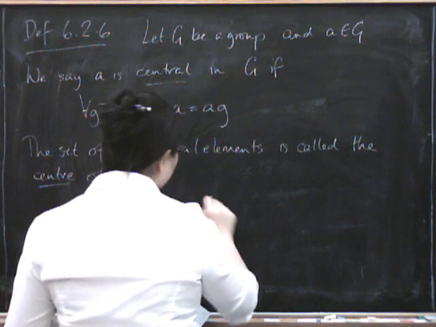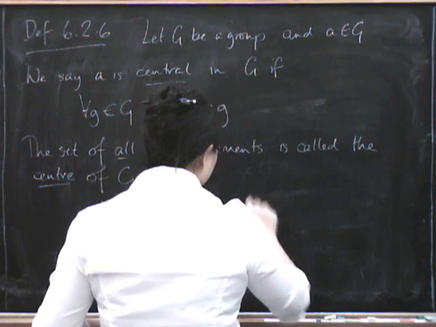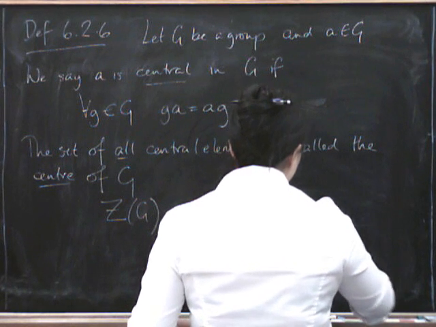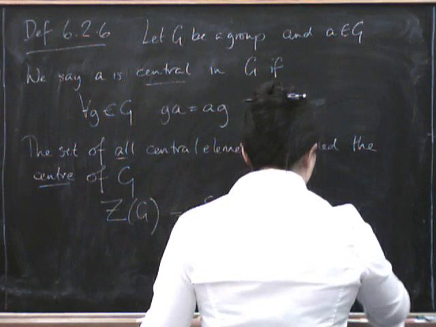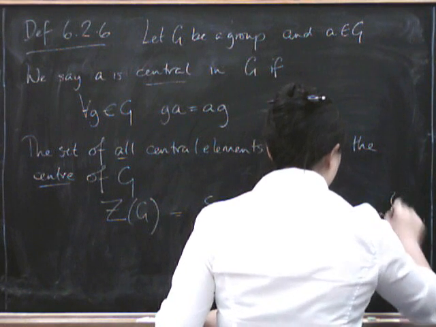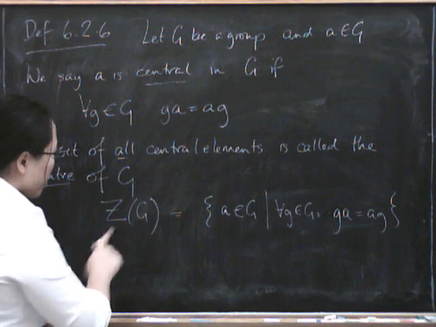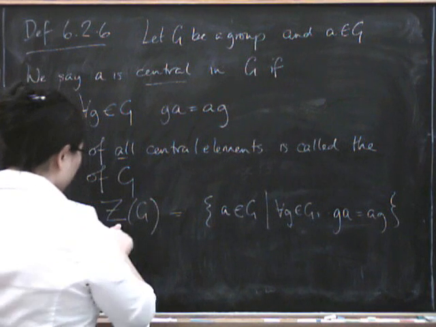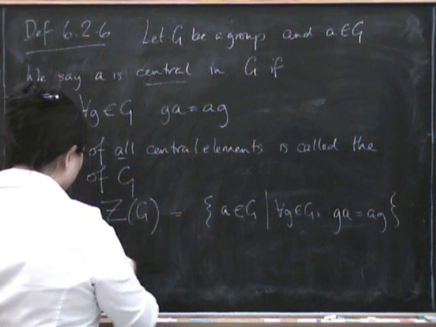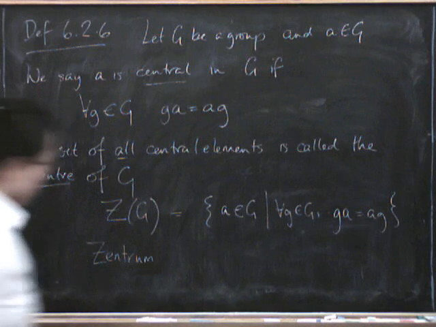So let's make it completely clear what that is. It's all A in G such that for all g in G, gA equals Ag. You might wonder why it's called Z. Well, Z is for the German for center, which is Zentrum, or something like that.